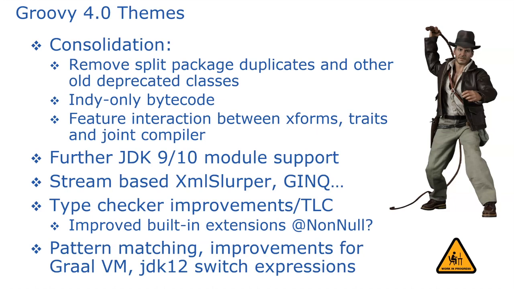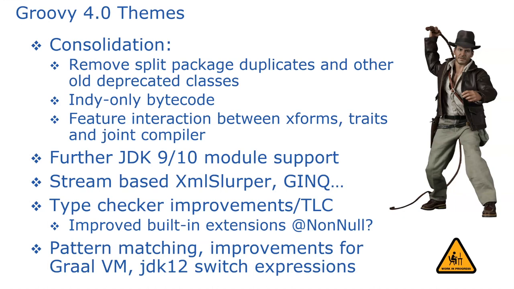We'll be looking at that, as well as potentially some improved type checker extensions built in, things like non-null and so on. We've got some ideas there that we're progressing, so we'll see how that works. Some pattern matching, potentially improvements to make things compatible with the Graal VM, JDK 12 switches, for instance. The new string format might be another thing that's on the card. So there's quite a few things that we'll look at.